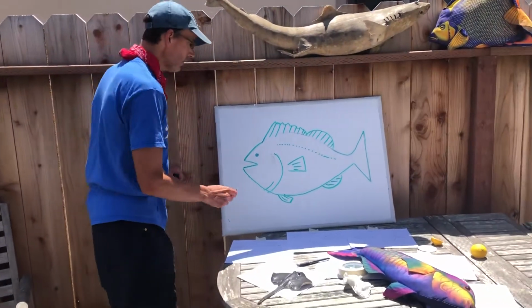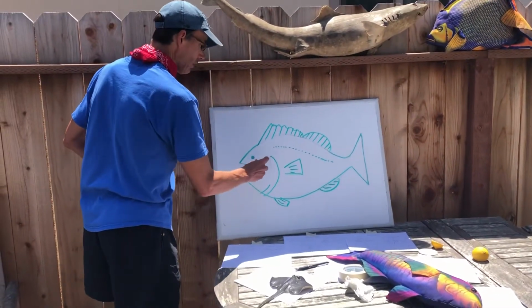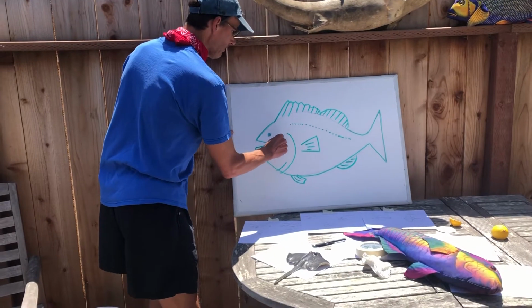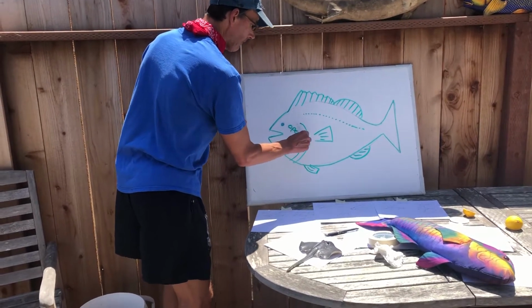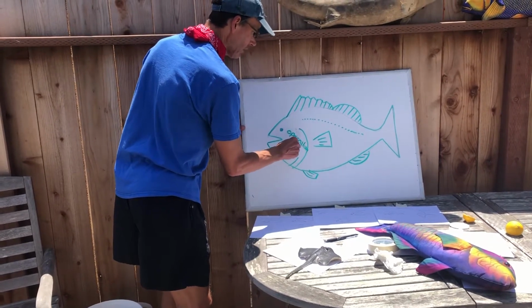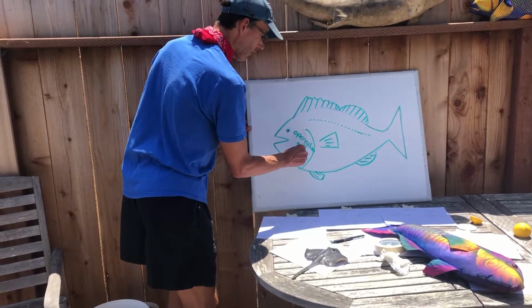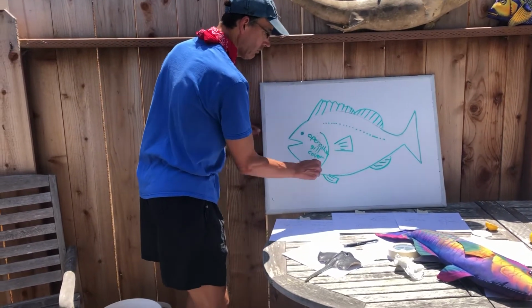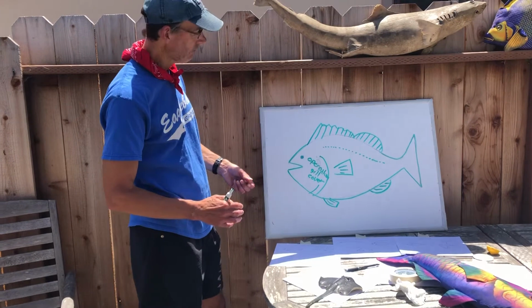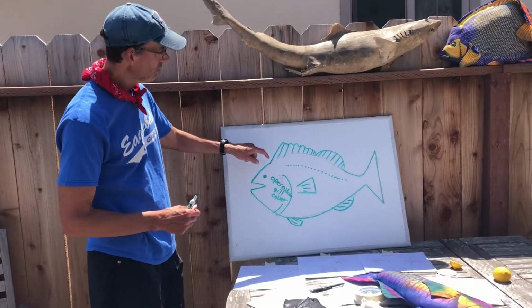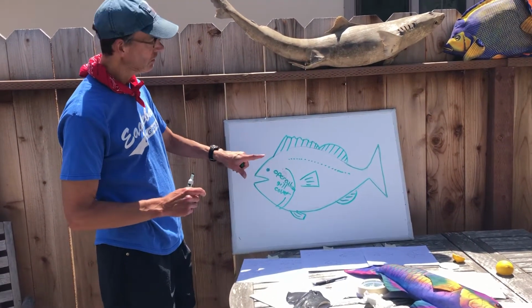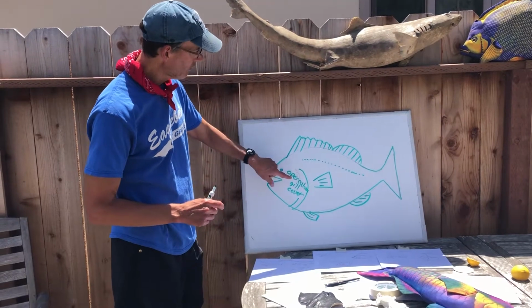Let's start with right here, this area here, we call it the operculum. It's also called the gill cover. And this line right here would represent the opening of the gill. So most bony fish have only one gill opening. And so that would be the operculum.